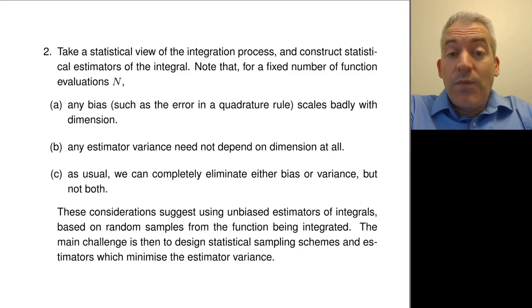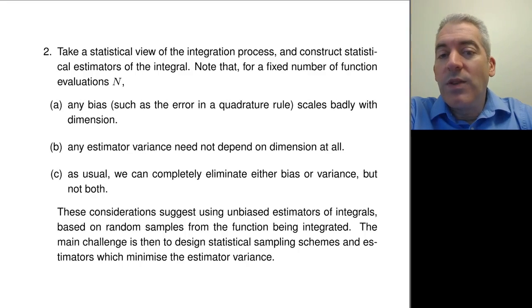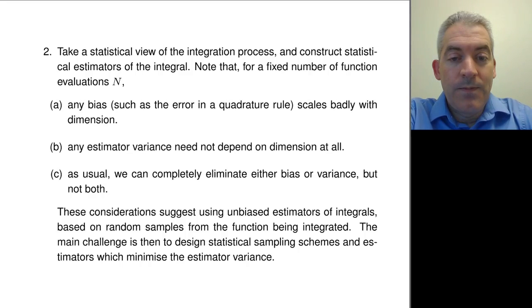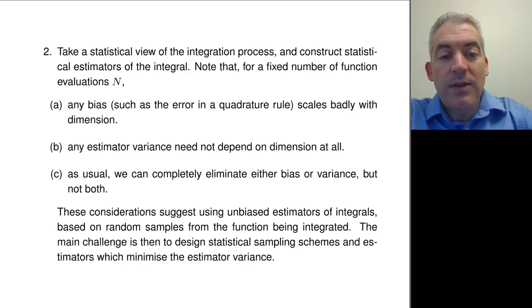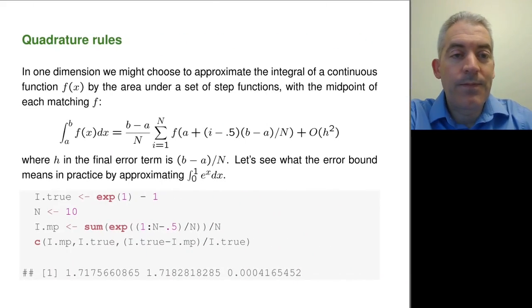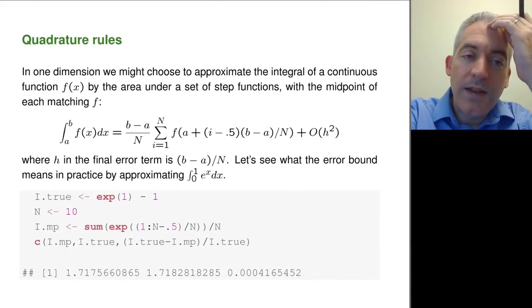But the crucial advantage of this Monte Carlo approach is that it scales much better with dimension than a simple quadrature approach, and so for high dimensional problems it's going to win out over other approaches. Yeah, so we'll look at that as well. Right, but let's start off thinking about quadrature.